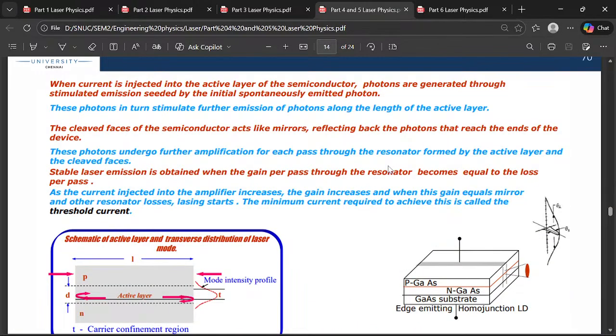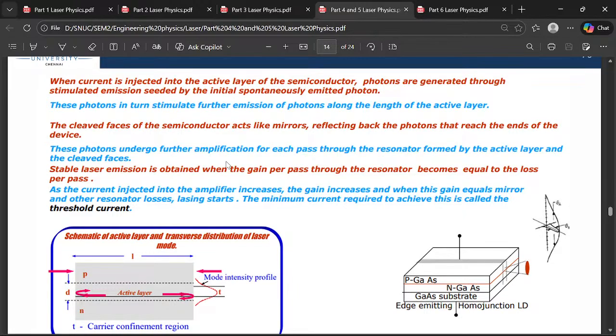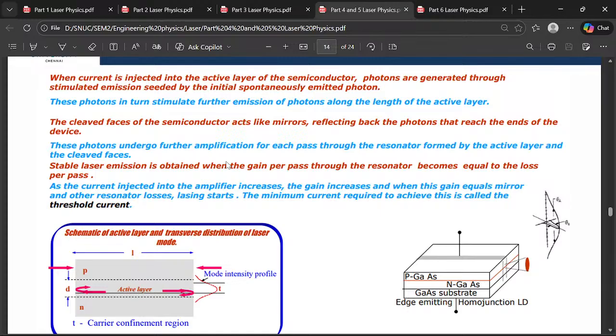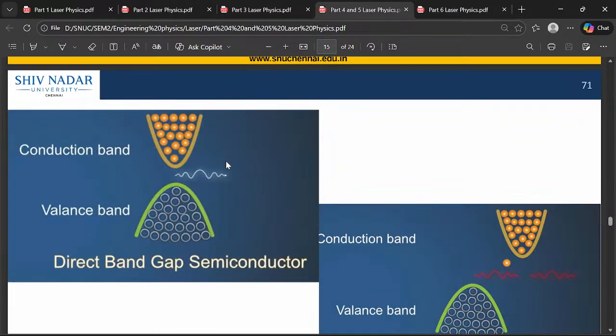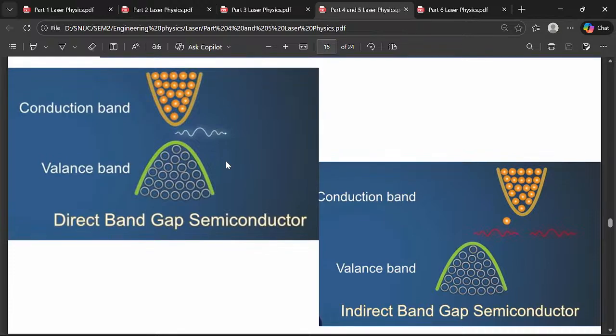So when current is injected into the active layer, the photons are generated through stimulated emission. This is the basic, what we have studied earlier. This is the basic of direct band gap and indirect band gap.